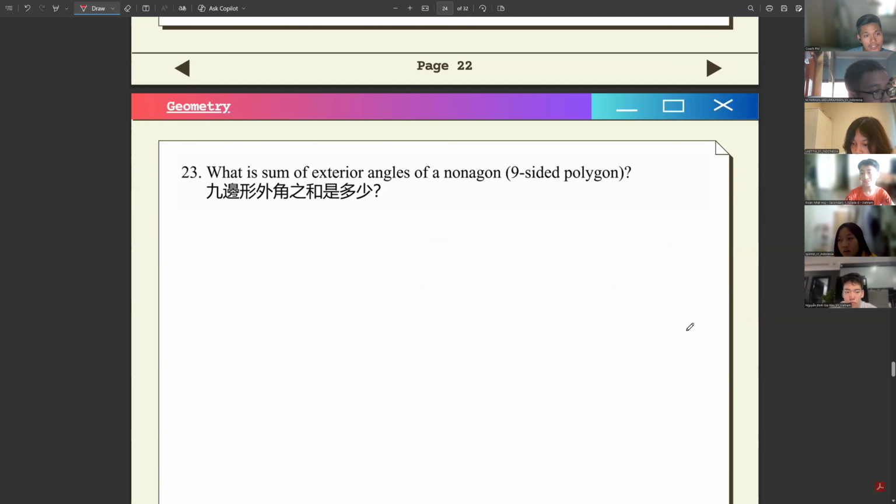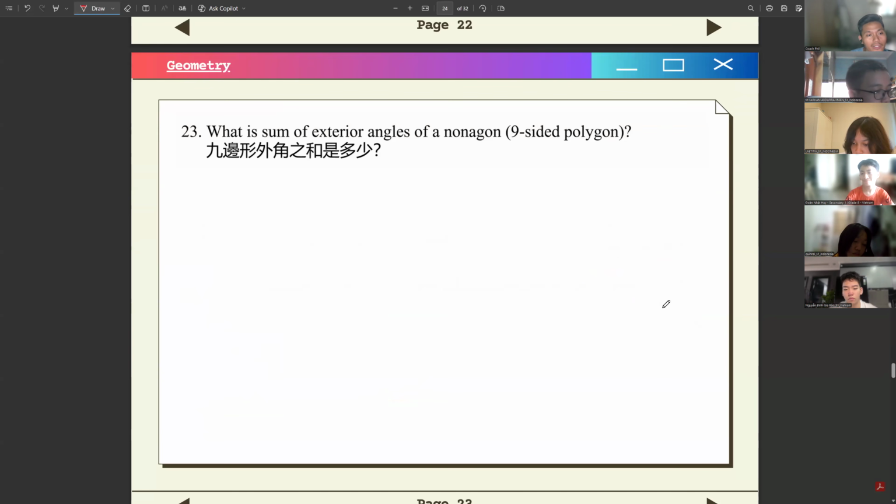What is the sum of exterior angles of a nonagon? What is an exterior angle again? The angles outside the polygon, right? Usually we're concerned with only regular polygons. Let's say for a triangle, if this is an interior angle, this is the corresponding exterior angle. This is interior. Another one would be like this. This is your interior. This is an exterior angle.